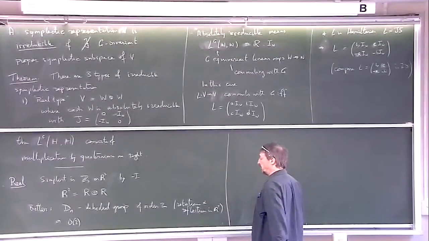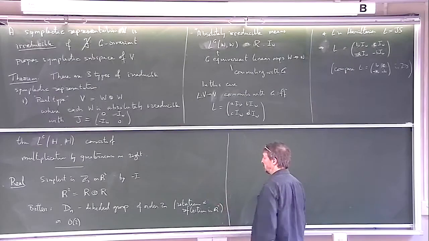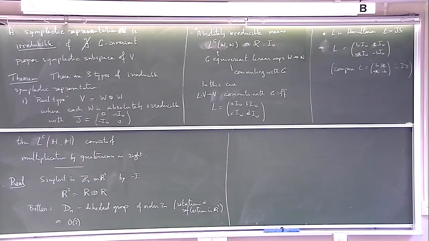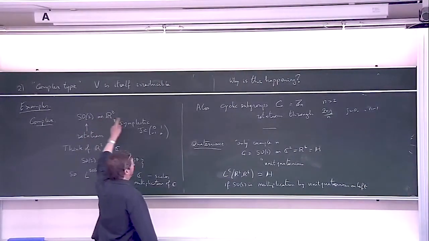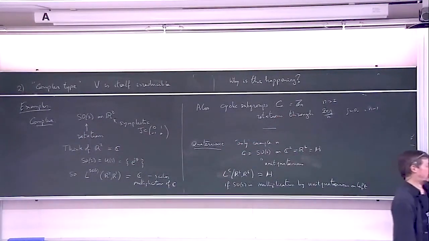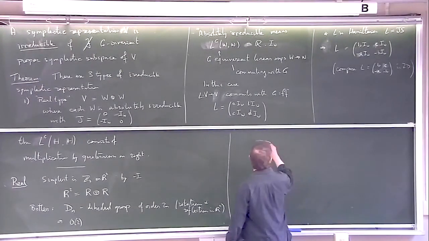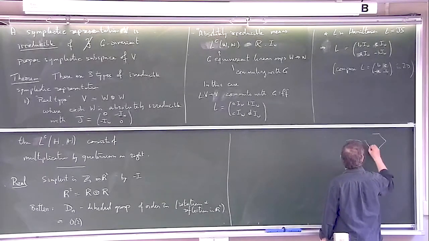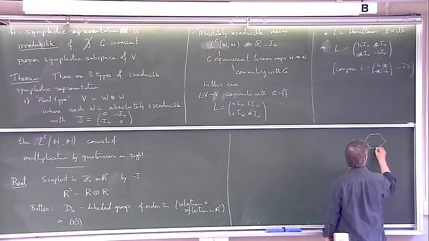O2 is rotations in the plane and reflections. So this is just similar to this first one. Here we had SO2 on R2, and now we've got O2. Here we have the cyclic group, which is just the rotations, and now I'm including the reflections. So the dihedral group is something like symmetries of the hexagon.